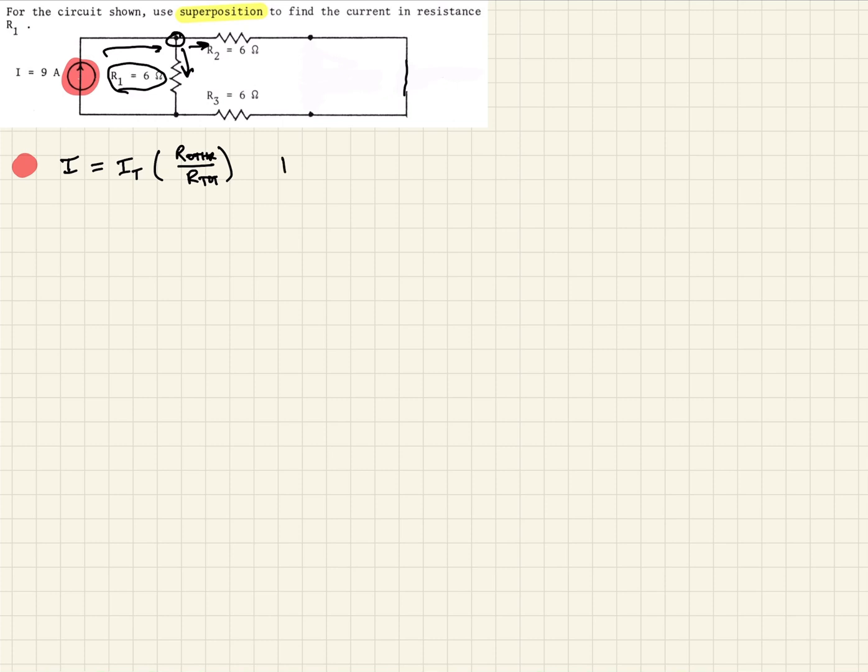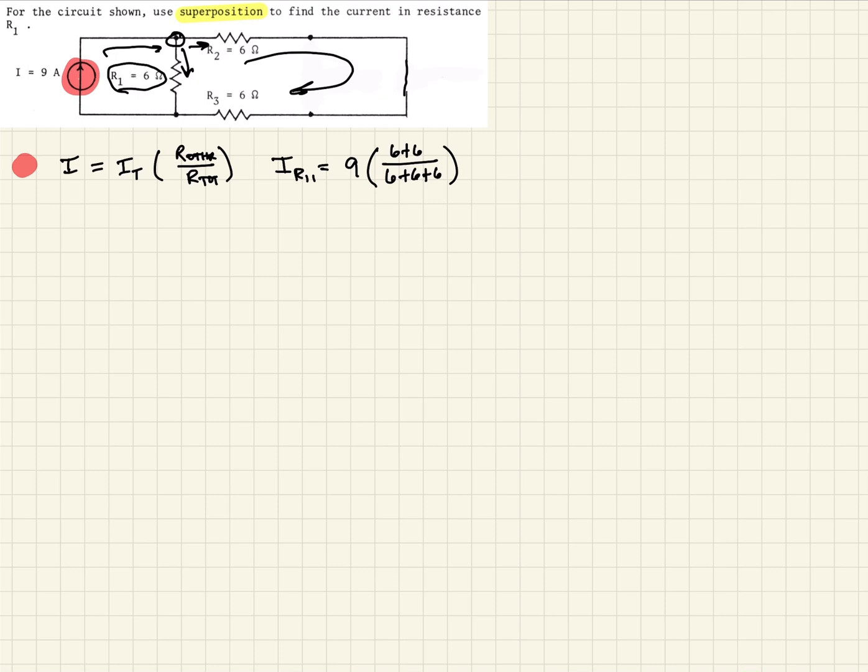So I_R1 from source 1 is going to be equal to I total, which is 9 amps, times our other branch, which is just the 6 plus 6 resistors, over the total, which is 6 plus 6 plus 6.